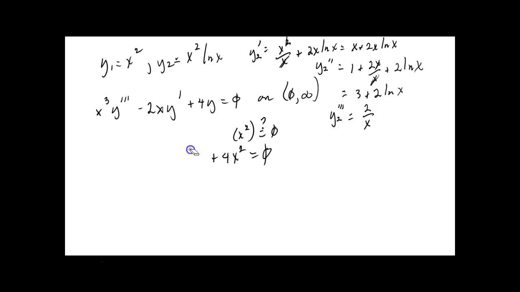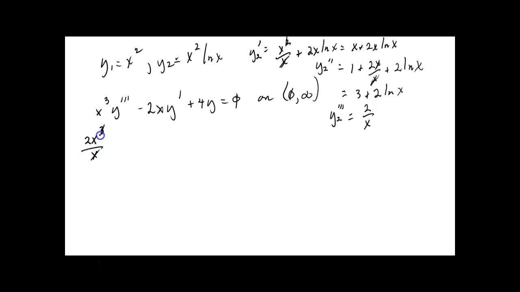Okay. And let's see if this one works. So we would have x cubed times 2 over x, right? y2 triple prime would be 2 over x, so that's it.